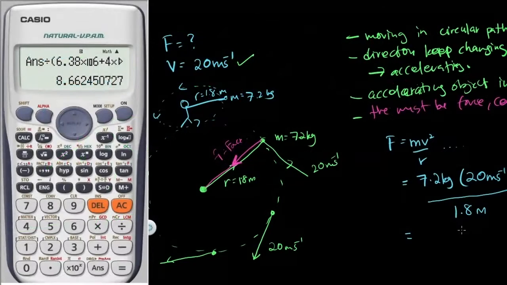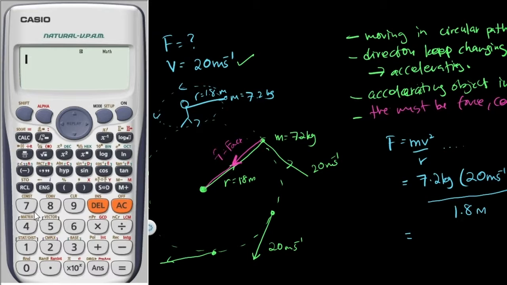Take out your calculator. 7.2 times 20 square divided by 1.8 equals 1600.